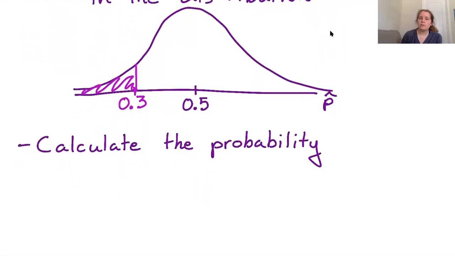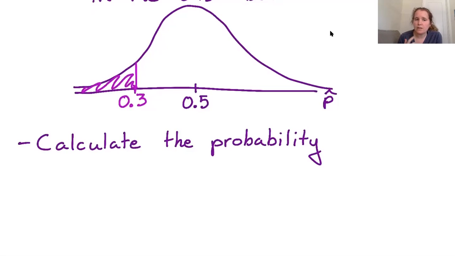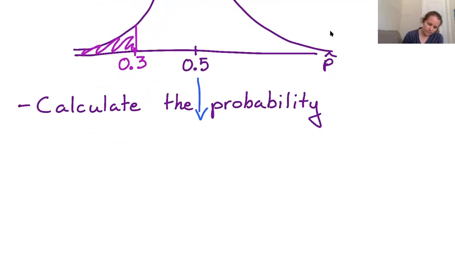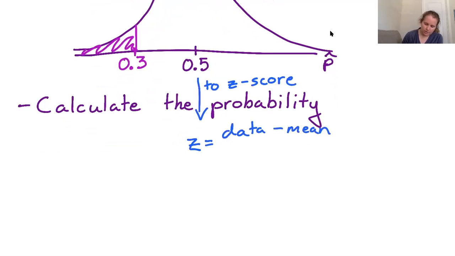To do this, we are going to do precisely what we've done before. We will translate through z-score and then use an applet to calculate the probability. So from here we're going to translate to z-score. The generic formula for z-score is z is equal to the data value minus the mean divided by the standard deviation.